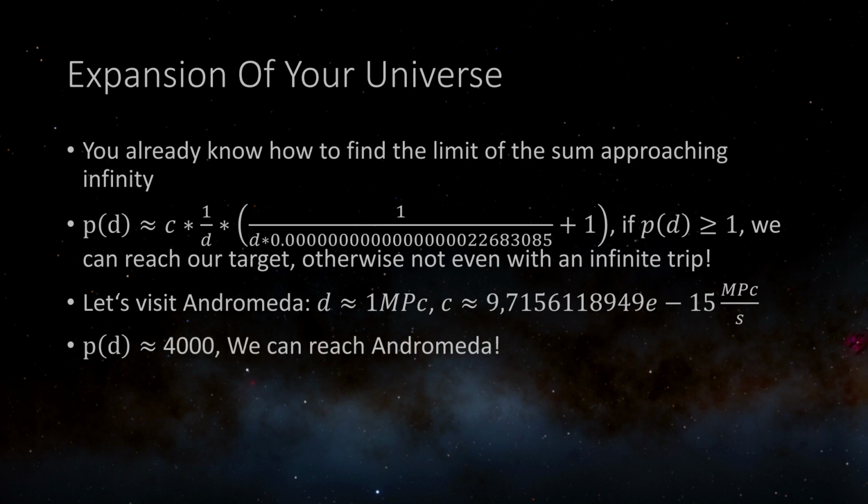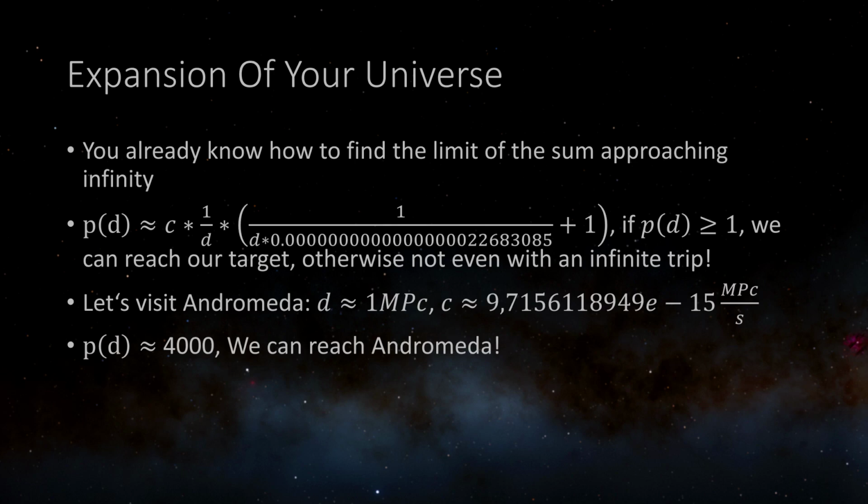And let's insert this and we get around 4,000%, which is definitely more than 100. No, we get 4,000, which is 400,000%, which is definitely more than 100%. So no matter what, we definitely will reach Andromeda, our neighboring galaxy.